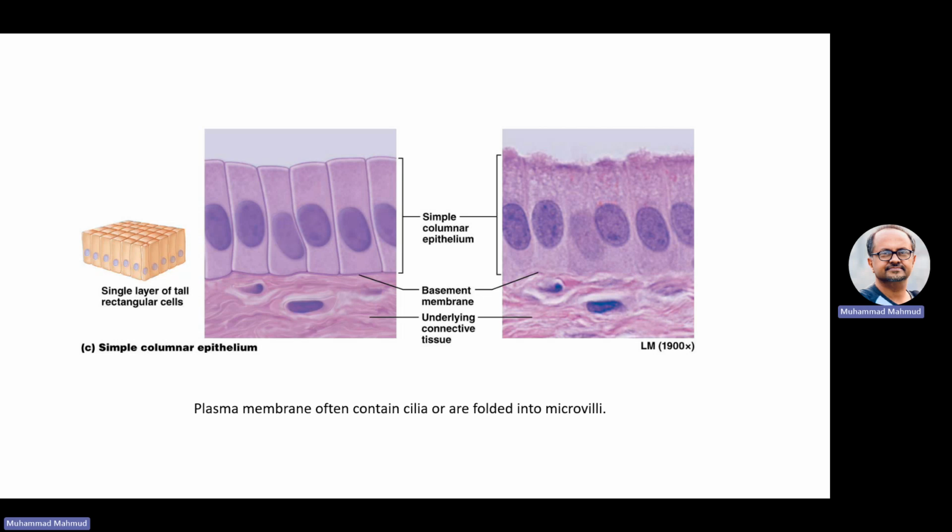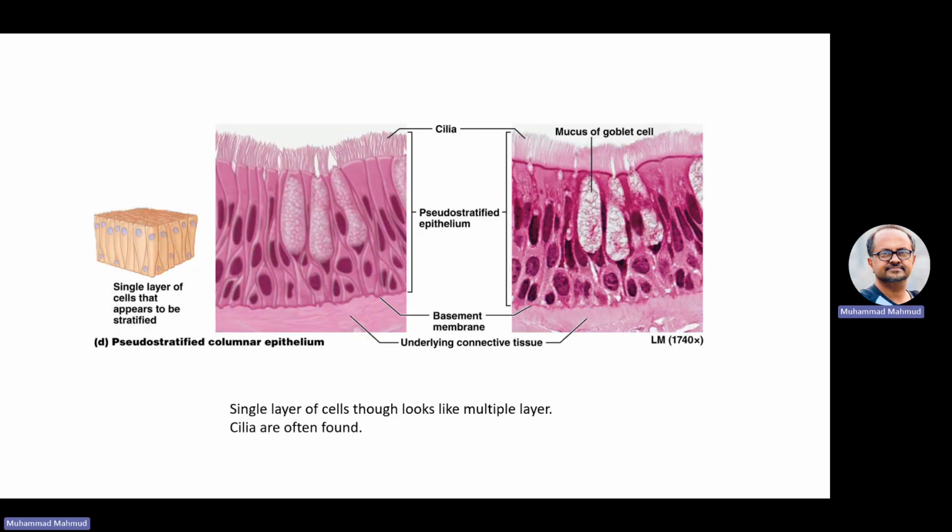If it is flat, we say squamous. If it is square shaped, that is the cuboidal. If it is rectangular, that will be columnar. Some of them have cilia and folded into microvilli. You see in the picture on the right side, that upper part, some of the cells are containing cilia, hair-like structures. Yes, we find the cilia here as well.